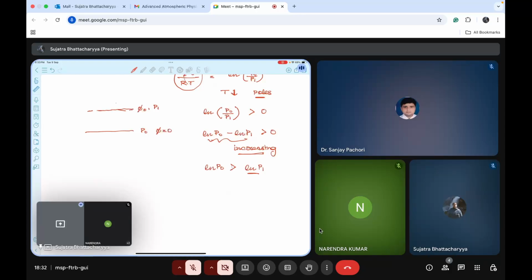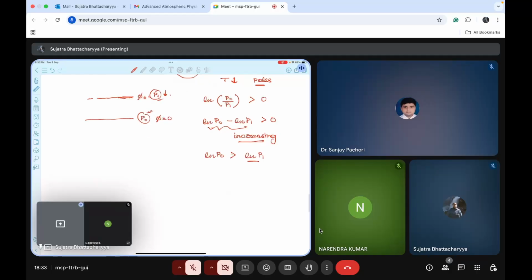At this height, the pressure decrease is much larger, or P naught is much, much larger than this. I'm not very sure why near the poles the pressure or the mass of the atmosphere should decrease. This is not very clear to me, but in general it increases. With the g dash definition also it increases.